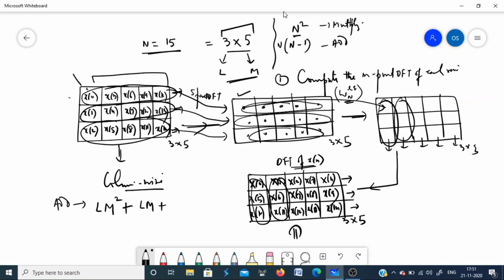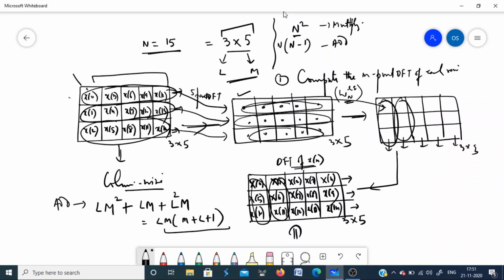So you have M columns. When you compute the L-point DFT of one column, you need L squared multiplications, so total M columns into L squared. So you will get it as LM into (M plus L plus 1). This is the number of complex multiplications that will be required.